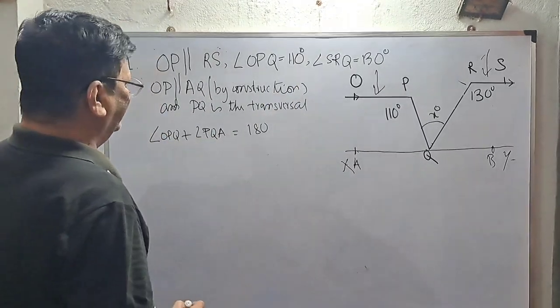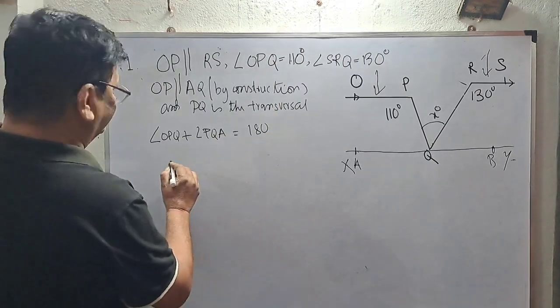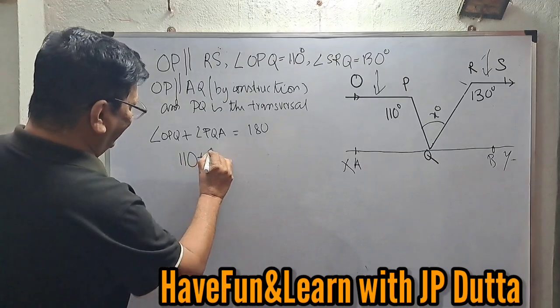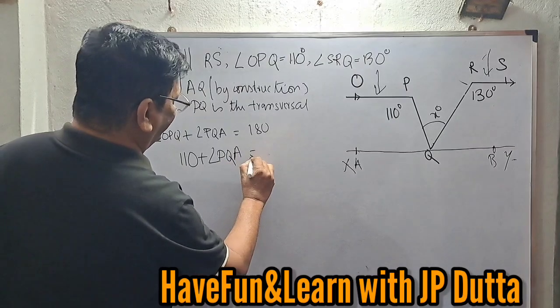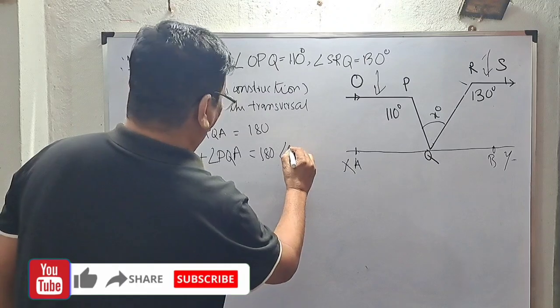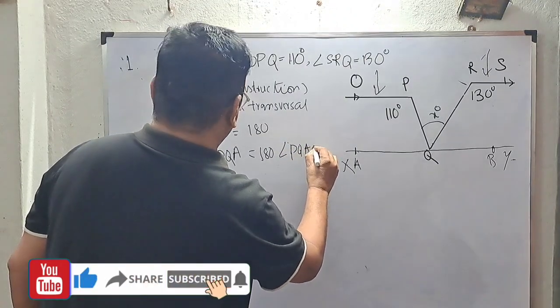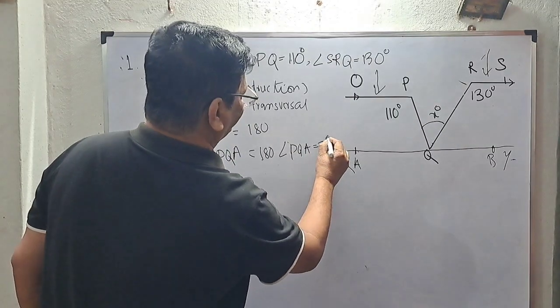So we replace the values. OPQ is 110 degree plus angle PQA, that is equal to 180 degree. So we get angle PQA is equal to 180 minus 110, that is 70 degree. Understood?